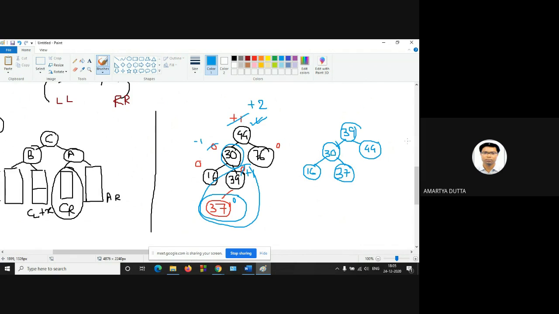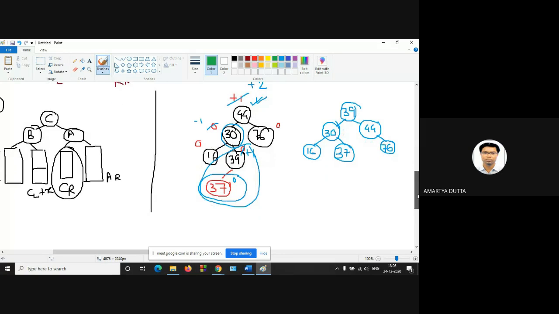Sir, can you show first with RR and then using LL, the two steps? With the same example, first you do RR and then LL so that we can see more clearly.